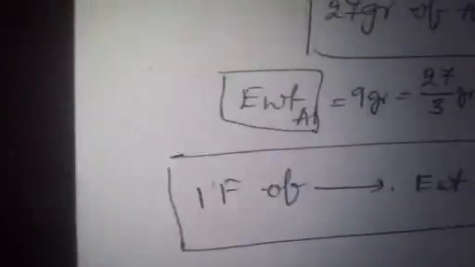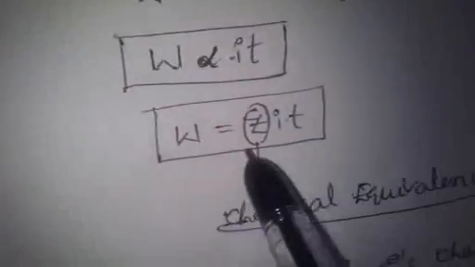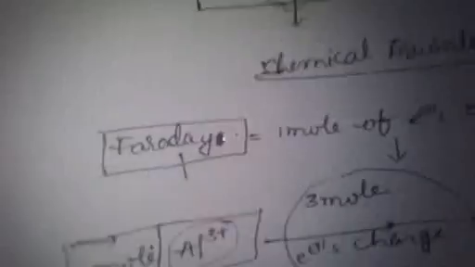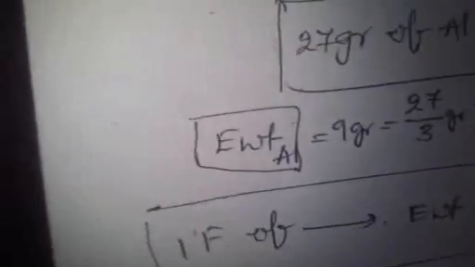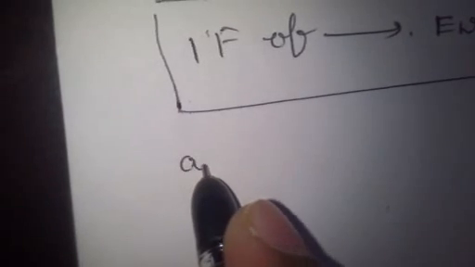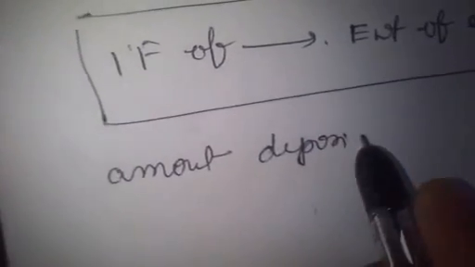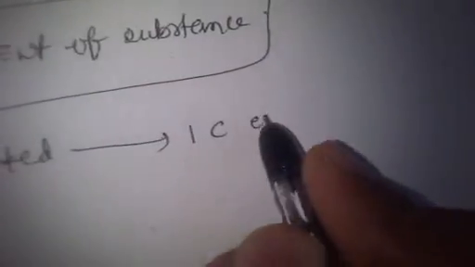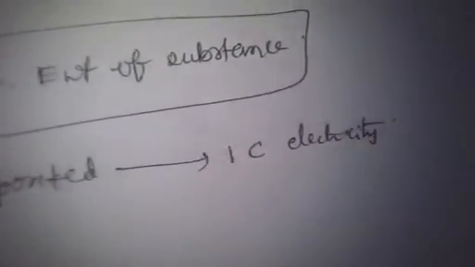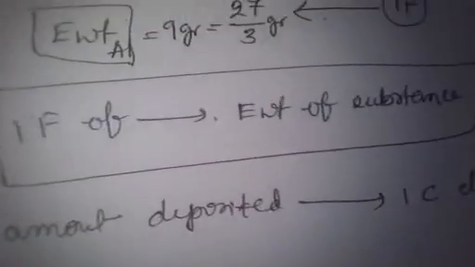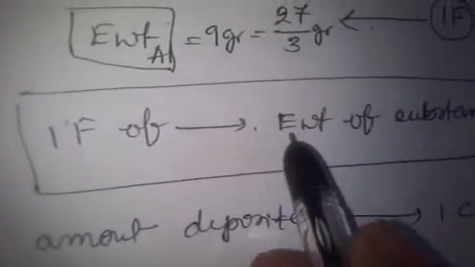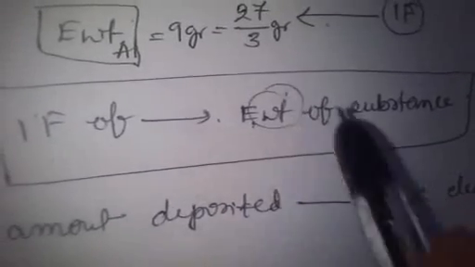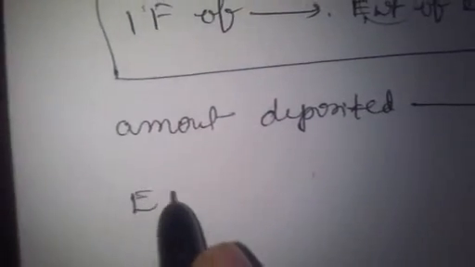Apart from this, going back to the initial concept, that is Z. We already know Z means the amount deposited by the passage of 1 coulomb of electricity. Let the equivalent weight be E grams.